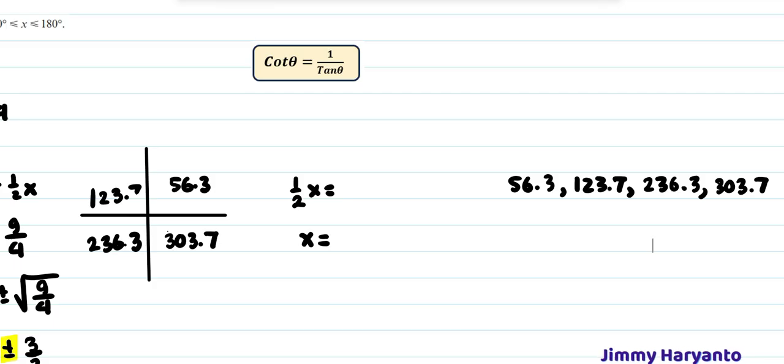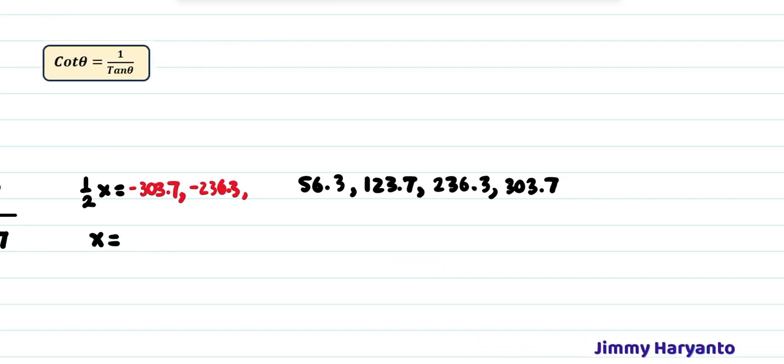So first is 56.3 minus 360 equals negative 303.7, comma. The next one is 123.7 minus 360, it's negative 236.3, comma. And then the next one is 236.3 minus 360. I will need more space, guys. Wait.